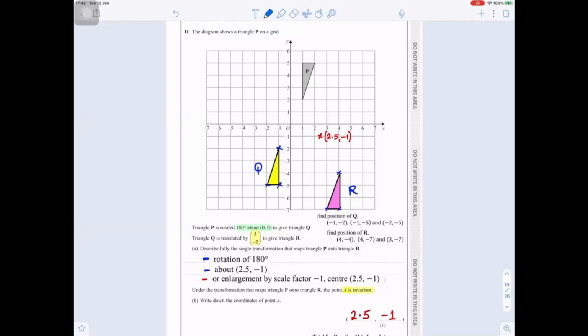Question number 11. The diagram shows a triangle P on a grid.